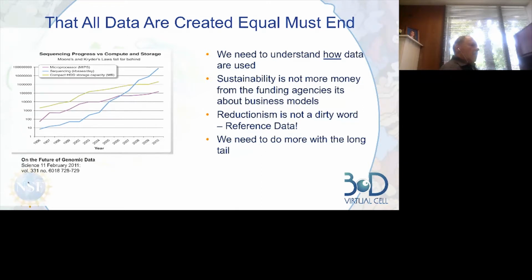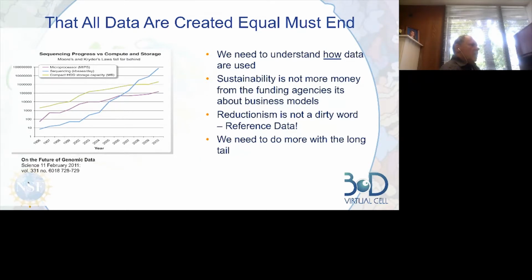But deciding what to throw away, the idea of data reductionism, is something that we haven't really faced yet. Perhaps in a new resource like this it's not an important aspect, but it will become so over time. And then, of course, there's the whole long tail associated with data rather than just the very large data sets.